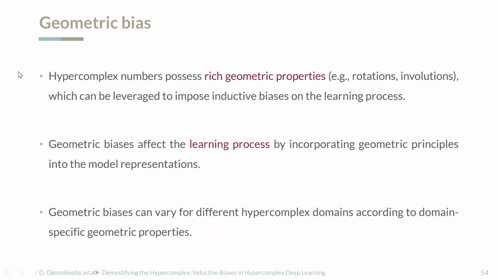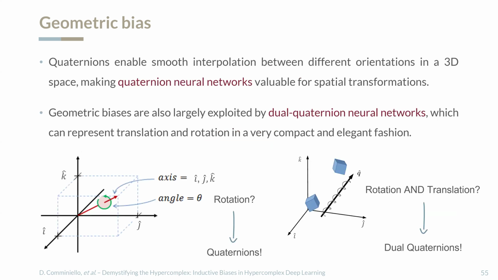We may have some geometric bias exploiting, for instance, rotations, involutions, something which is defined for the specific hypercomplex algebra. And it is also very interesting because we can make some kind of spatial transformation very easily using quaternions. For instance, in the quaternion domain, we can have rotations very easily and without any kind of artifacts that we may have in the real-valued domain.